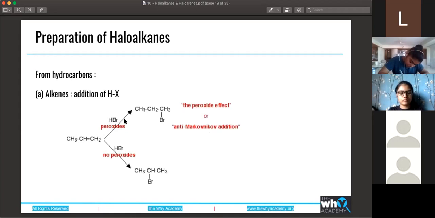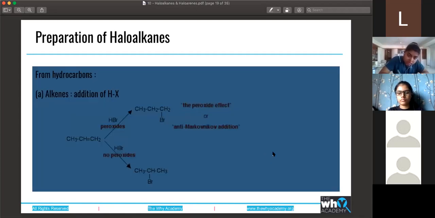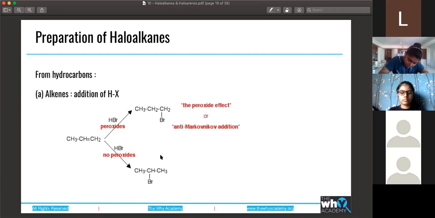If you're doing HBr in the presence of peroxides, you have the peroxide effect, which follows anti-Markovnikov addition. If there are no peroxides, you follow Markovnikov's rule and can predict the product. This applies only when you have asymmetrical carbons across the double bond, with a different number of hydrogens on each.